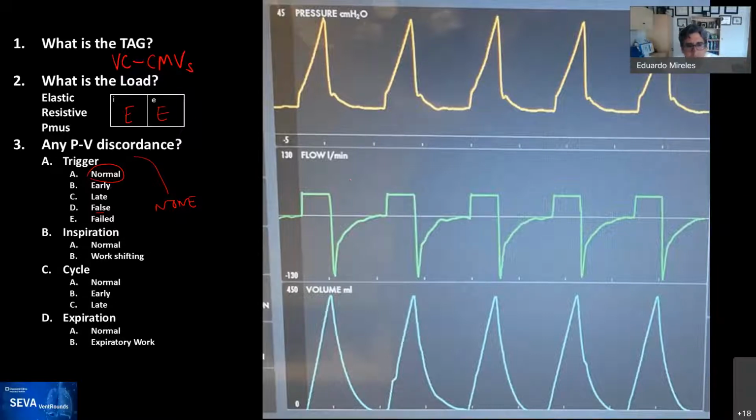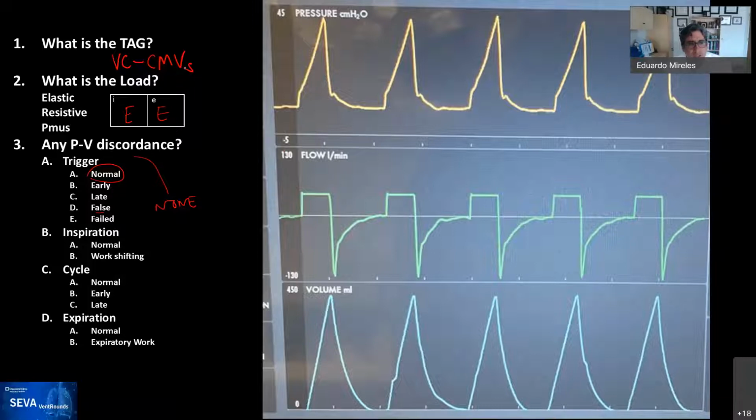So you're absolutely right, this is volume control. You can see the flow is controlled throughout the inspiratory cycle. It's continuous mandatory ventilation, and every breath that we can see here is mandatory. In the sequence, at least on this picture, where I don't show any other settings, the best you can say is that all of them are mandatory.